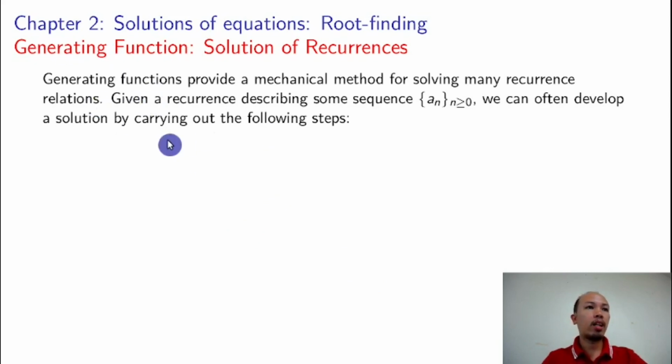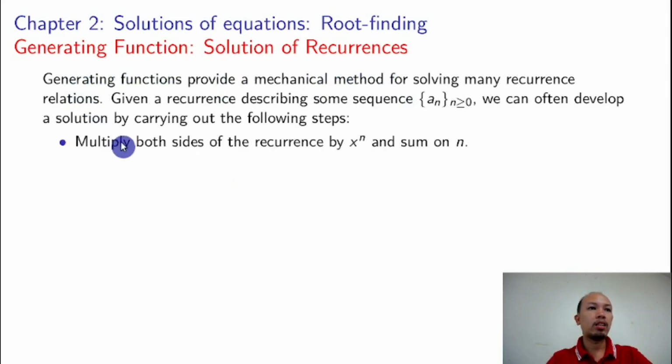Okay, in this slide, how to use generating functions to find the solution of a recurrence relation. These are the steps. If you are given a recurrence relation, not the closed form but the one that we discussed before, first we multiply both sides by x to the n.